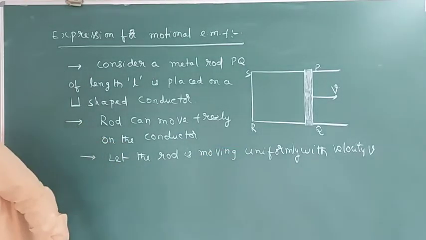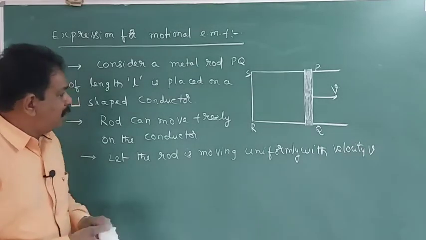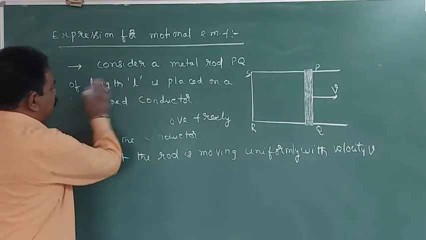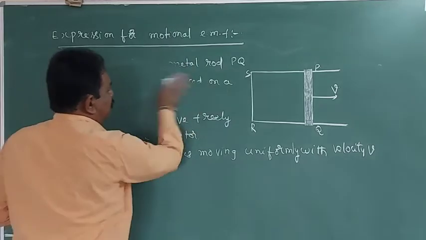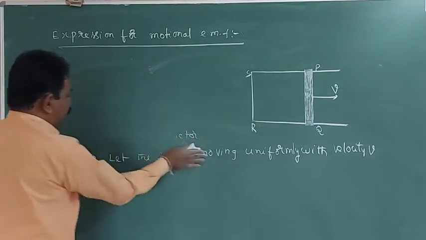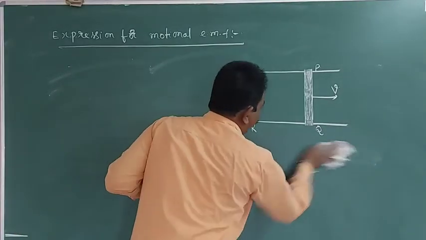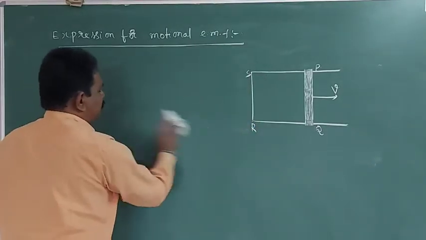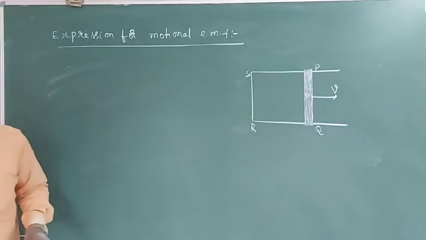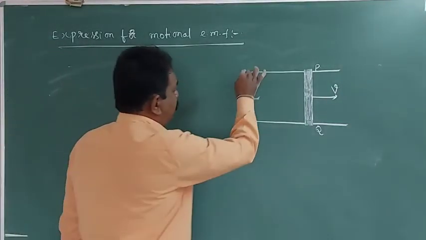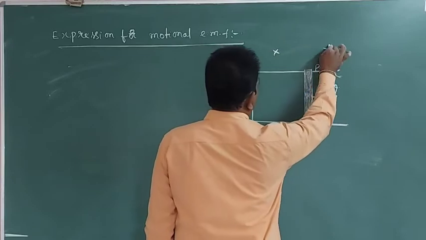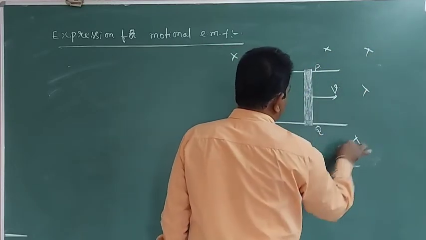Now we applied a magnetic field in that region. Let B be the induction of that field. Clear? We applied the magnetic field in this manner, a cross field.